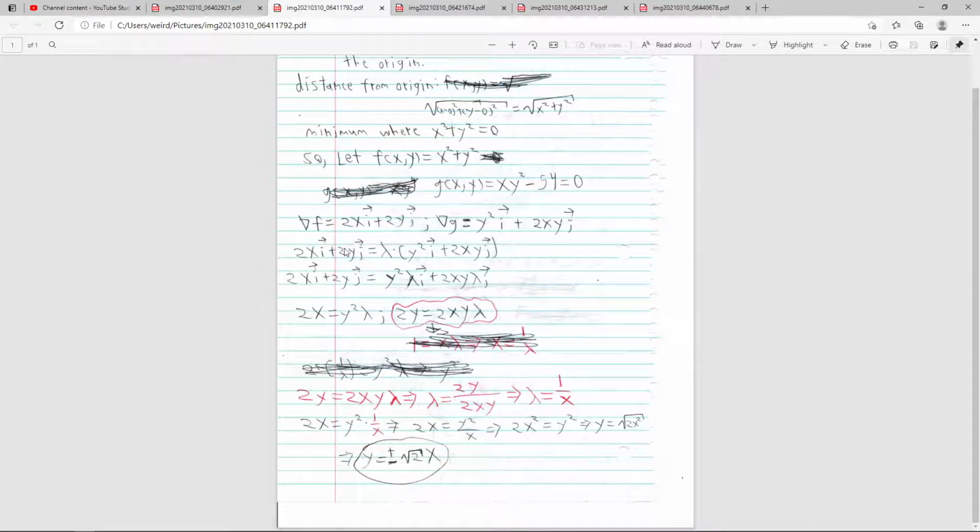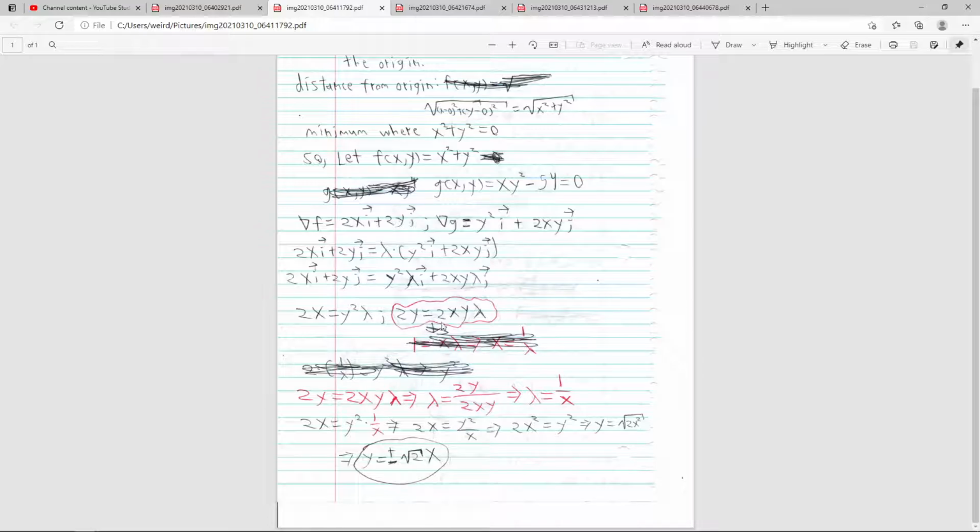That's set up, and then you do the gradients again. The gradient of g is y squared i plus 2xy j, and the gradient of f is 2x i plus 2y j. You get 2x equals y squared lambda when you do the plug-in.